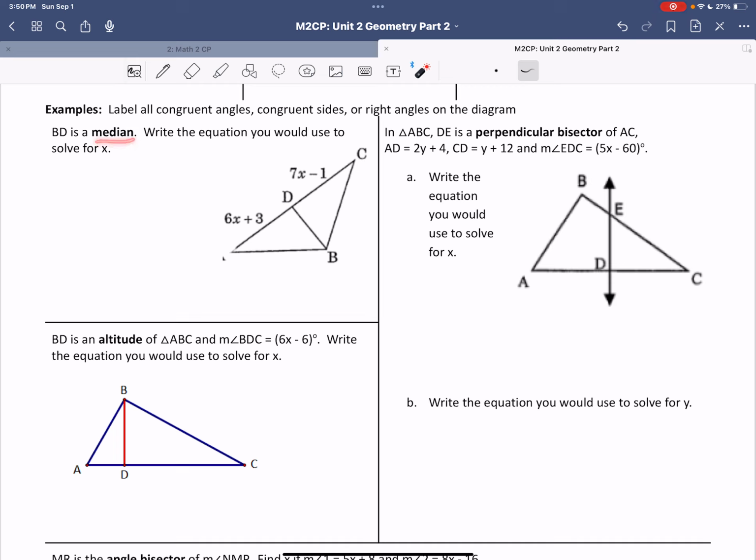So BD is the median. So BD is right here. Write the equation you would use to solve for x. So remember, for median, the median says that it's going to be congruent. So that means this side is congruent to this side.